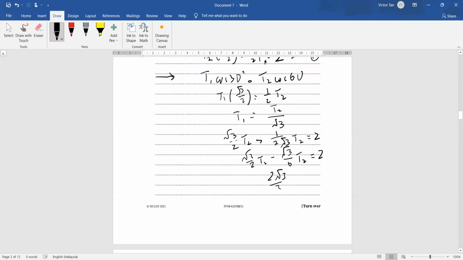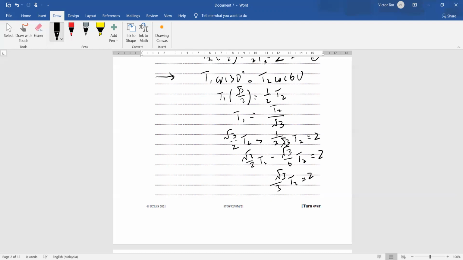Root 3 over 3 T2 equals 2. This is minus. So it's 3 root 3 minus 2 root 3 over 6. So root 3 over 3, 1 over 3, 2 over 3.